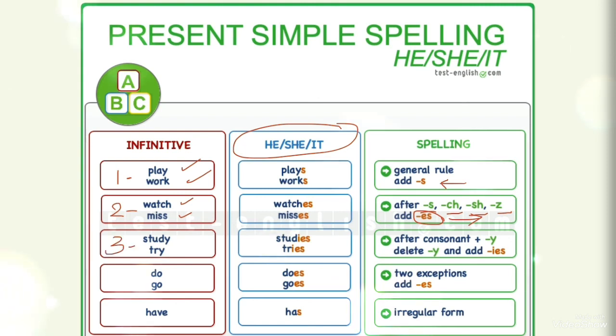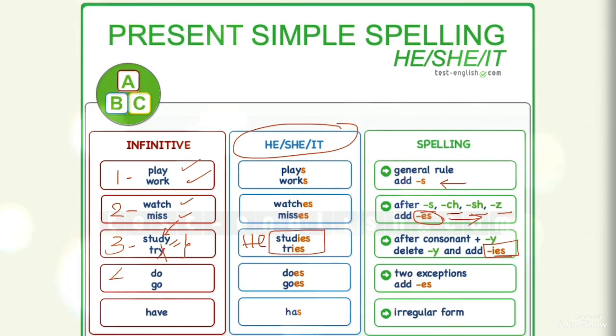Number 3, if I have verbs that end with Y and before Y a consonant letter, I will delete Y and I will put IES with he, she, and it. It will be he studies or she studies or it studies or it tries.